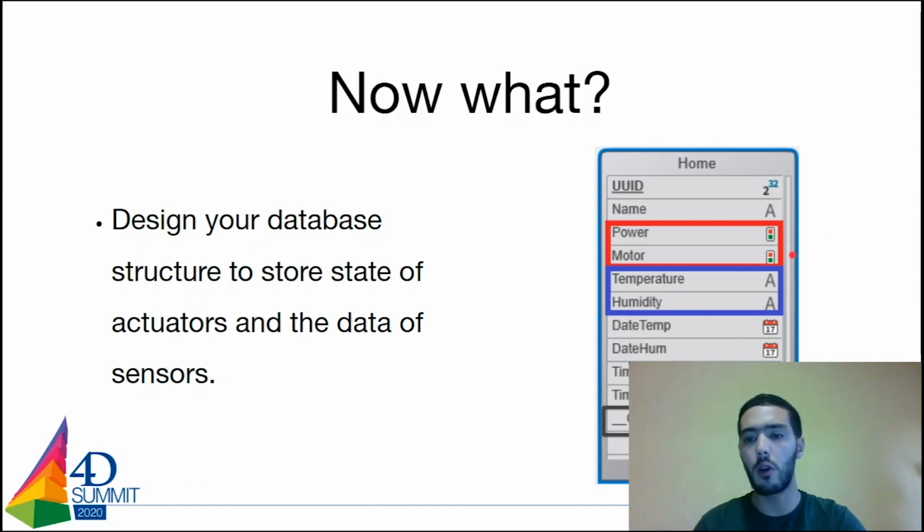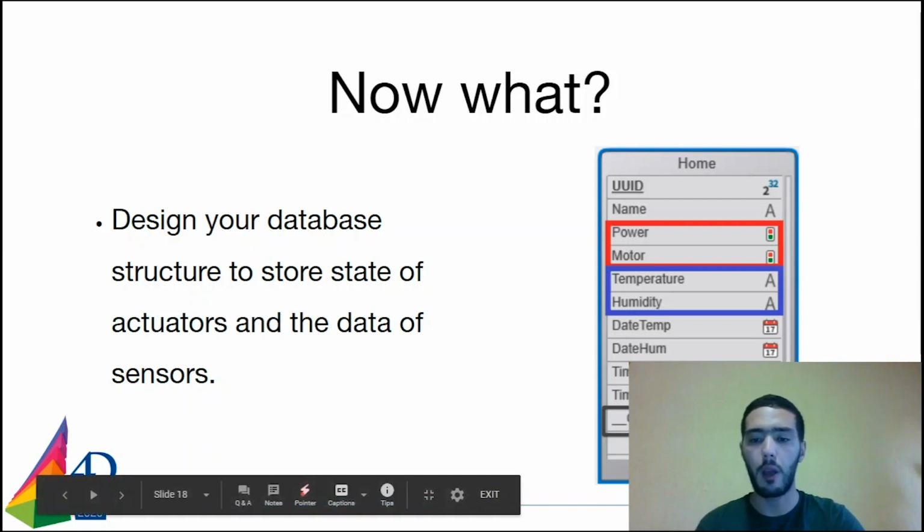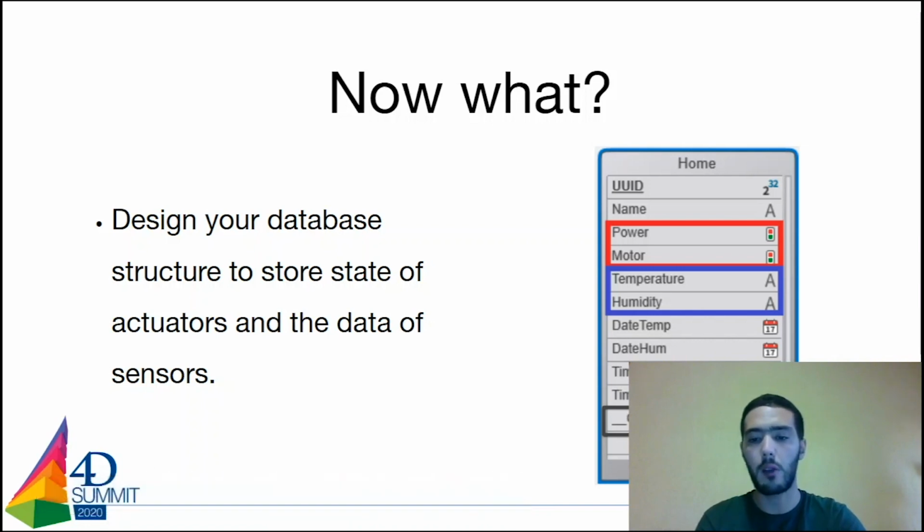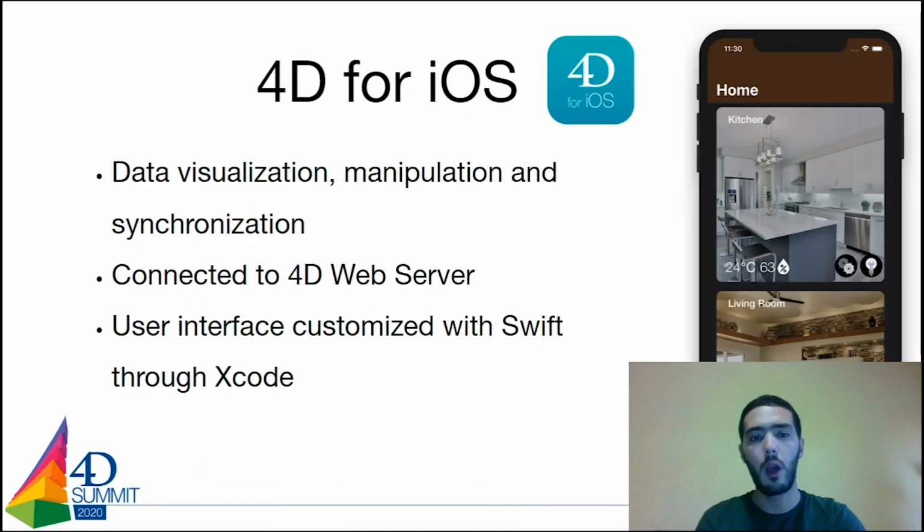We'll also have, with the same logic, a Boolean field for the motor. And finally, we'll have two alphanumeric fields to store both the temperature and the humidity values. Finally, a global stamp. This is added automatically by 4D for iOS configuration.